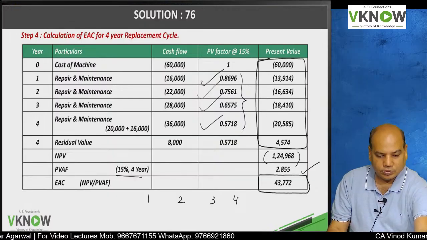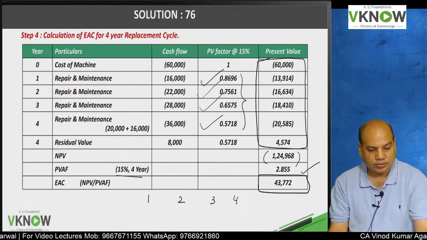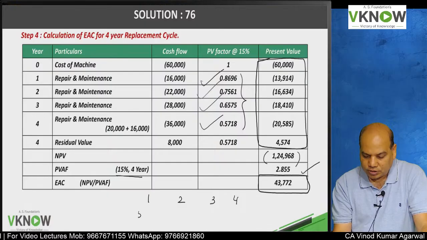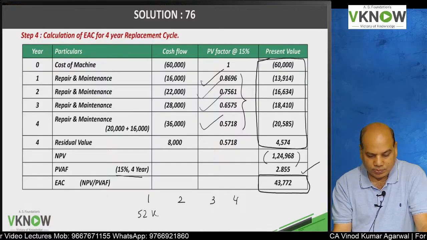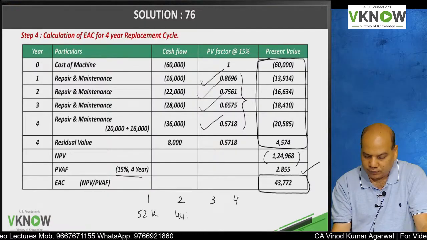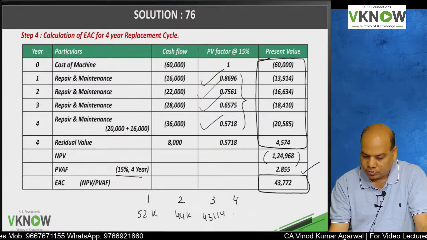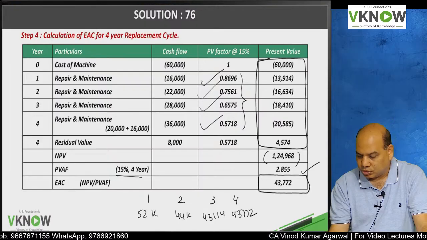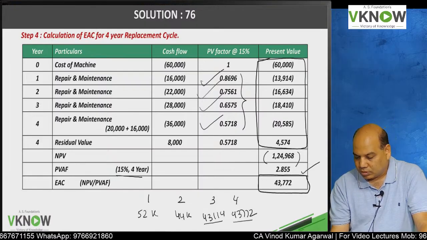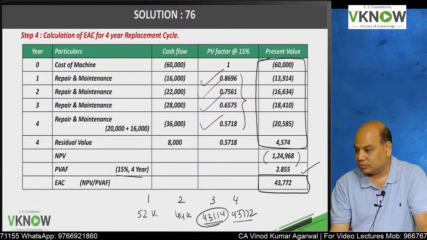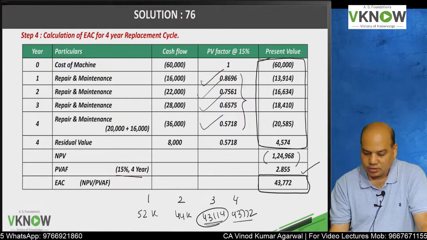Now compare these 4 answers you have got and confirm which is the lowest one. The first was around 52k plus something, then it was 44k plus something. This is 43114, this is 43772. This is lowest. Year 3 is lowest.